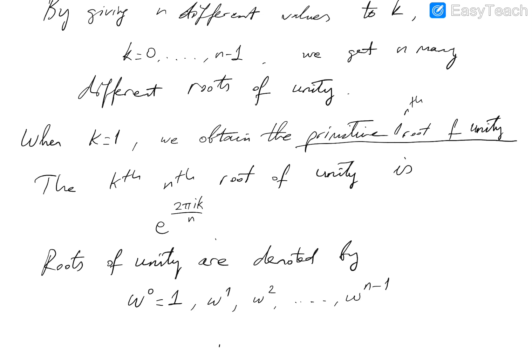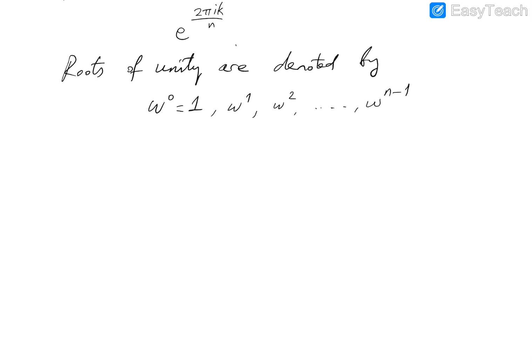In fact, the nth roots of unity can also be shown by dividing a unit circle into n equal slices, each of which has an angle 2 pi over n. For example, let's consider the 8th roots of unity.